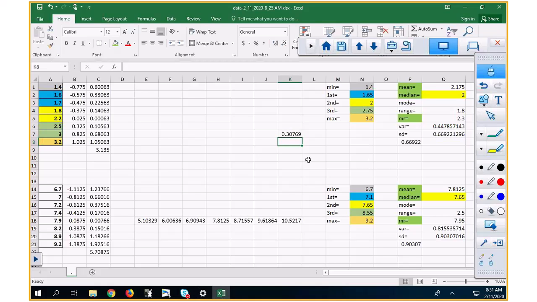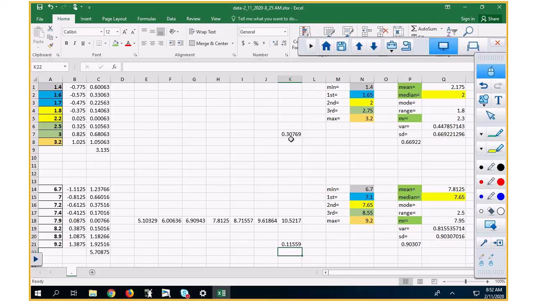Y'all check to see if that's what y'all got. And then down here equals the standard deviation divided by the what? Mean. So write that down. Looks like to me the second group is lower, because I think the second group is your better group.